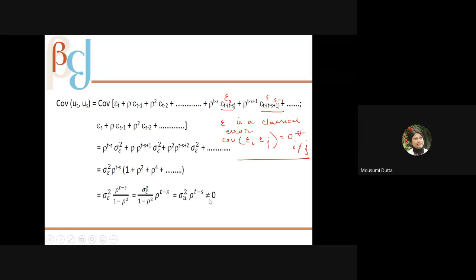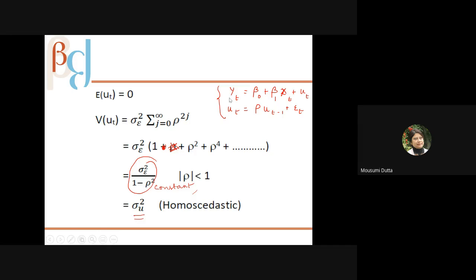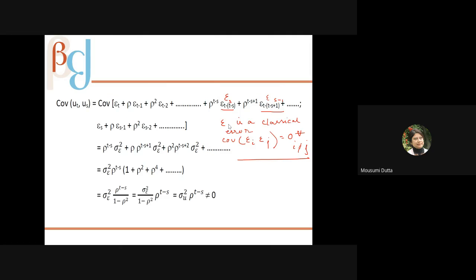This is equal to sigma u square rho to the power T minus S, which is not 0. So in presence of an autoregressive process of order 1, a simple series, Markov model, only the first order lag, however, we are getting the presence of autocorrelation. So the non-autocorrelation assumption is disturbed if we consider this pair of equations.